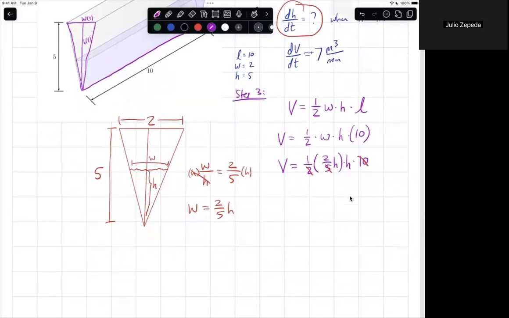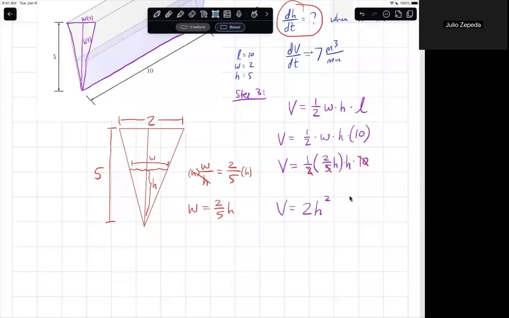And so our equation is V equals 2H squared. Nice. We went from volume depending on L, W, and H to writing it only depending on H.